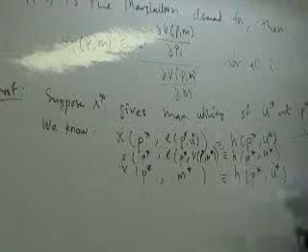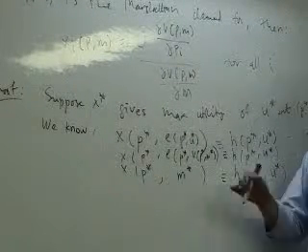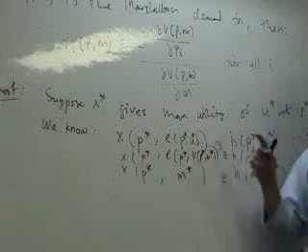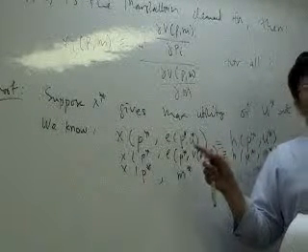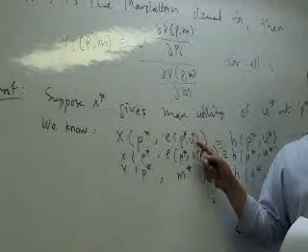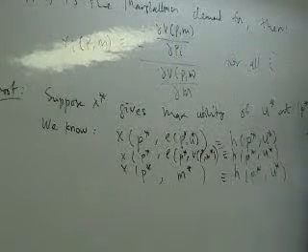Because you remember what U star was? What was U star? The maximum utility level that you get by minimizing expenditure, right?